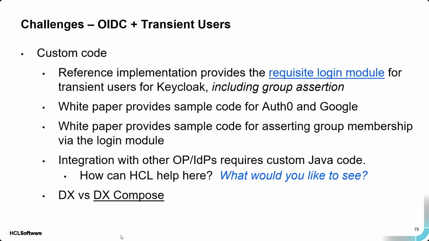All right. The reference implementation is a great starting point for looking at how a login module should be constructed. I gave you other examples in the white paper, and both of those cover ways to assert group membership.